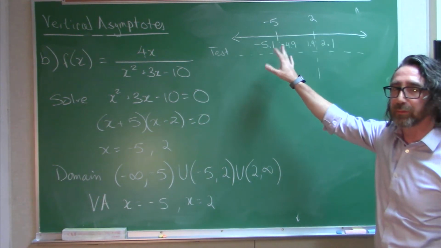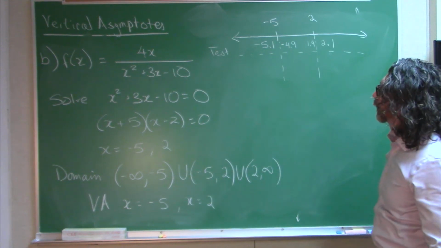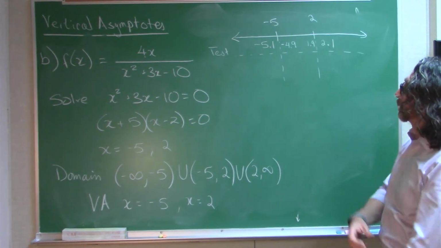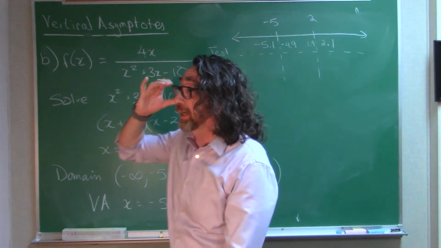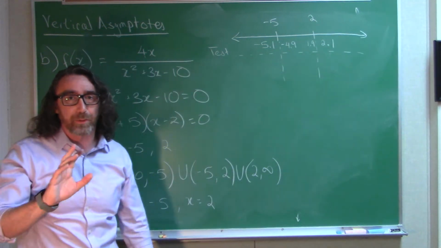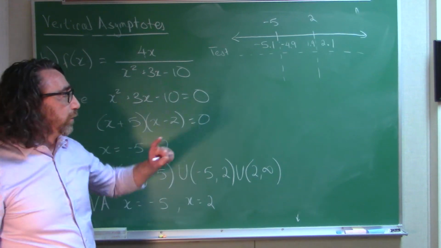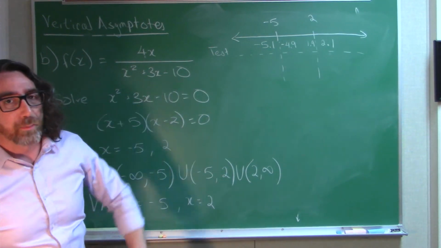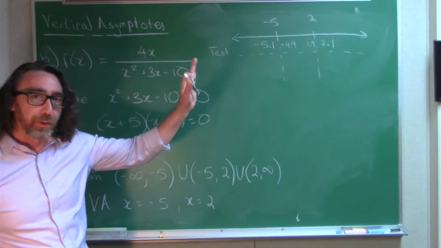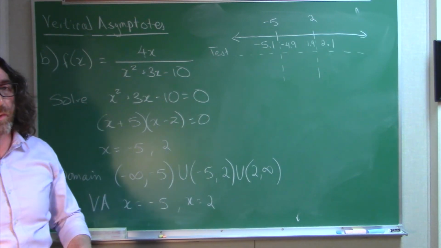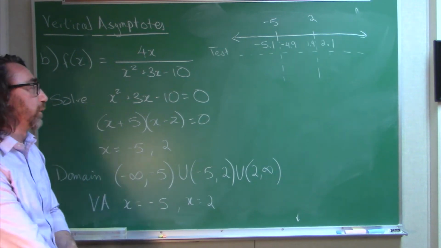So I have this little weird thing happening in the middle there. That's okay. Once again, I do not care about the numerical value of the function at these inputs. What I care about is the sign, because I'm trying to determine, is this thing going up or is this thing going down when we come to our vertical asymptote.